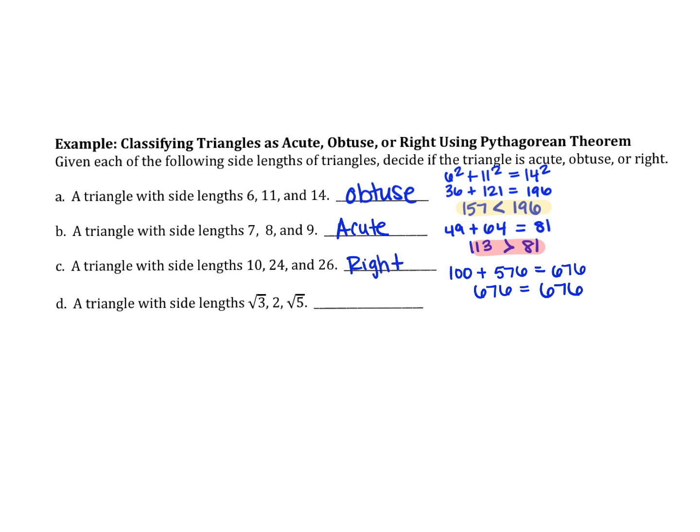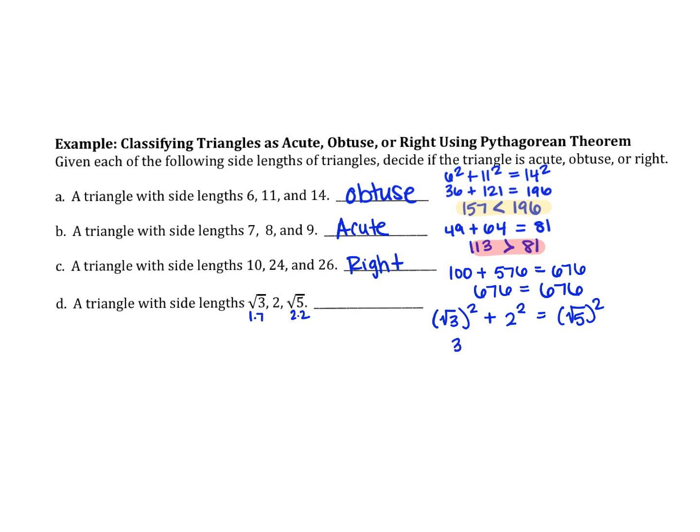Okay, last one. So I'm going to check these just to make sure I know they're in the correct order. So square root of 3 is approximately 1.7. Square root of 5 is 2.2. So we're good to go. So we have the square root of 3 squared plus 2 squared is equal to the square root of 5 squared. So remember, anytime we're squaring a radical, the radical and the exponent are just going to go away.